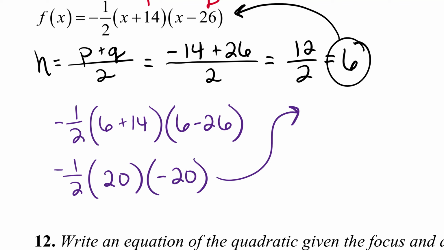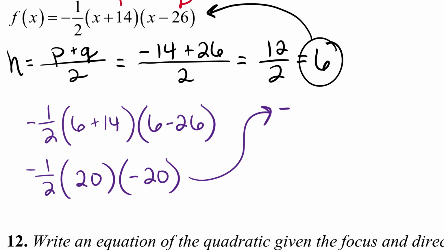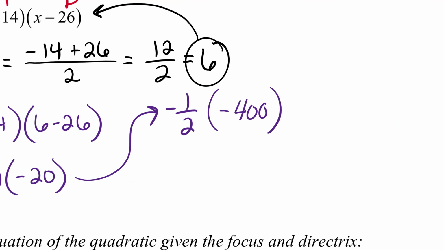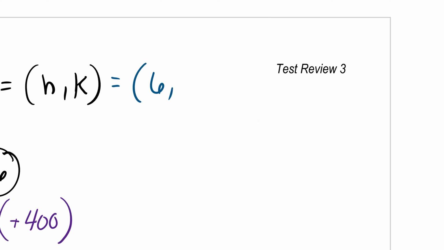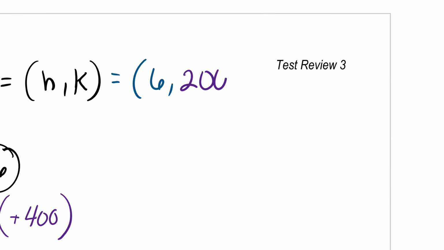Let's go up here. So I still have negative 1/2 in the front. 20 times negative 20 is negative 400. Now, because I have two negatives, that makes it positive, and half of 400 is 200, and that's k, which is my answer. So 6 comma 200, and that's it.